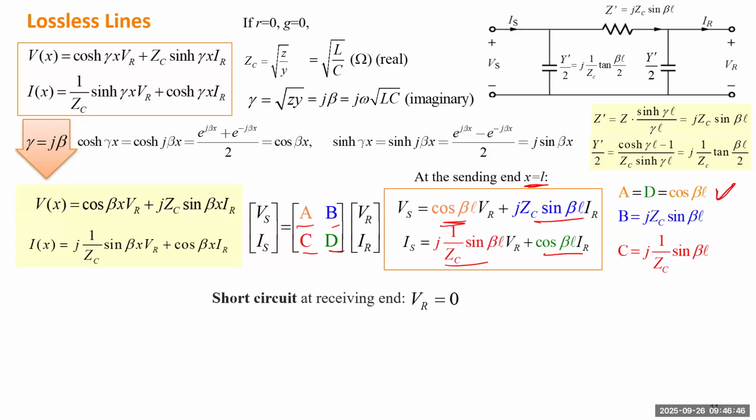All right, so we use this model to study two types of contingencies. The first one is a short circuit at the receiving end. We have a fault that makes a short circuit on the receiving end, so the voltage on the receiving end will become 0. And the current can be huge, which is the fault current to the ground.